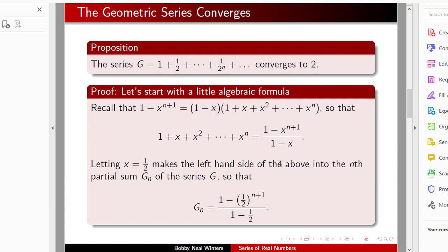Now, if we let x be equal to 1/2, the left-hand side becomes the nth partial sum of our geometric series G, so it's equal to G_n. And so we have a formula for G_n, which is 1 minus 1/2 to the n plus first power divided by 1 minus 1/2.